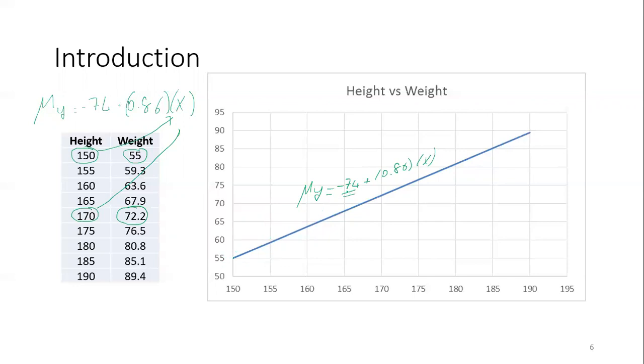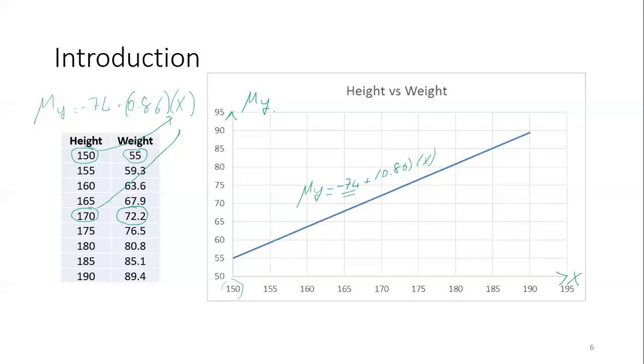Note that this intercept can be observed whenever x is equal to 0. Here x is 150. This is not y itself, not a random variable itself, but this is the mu of y. So when x is 150, you have 55.